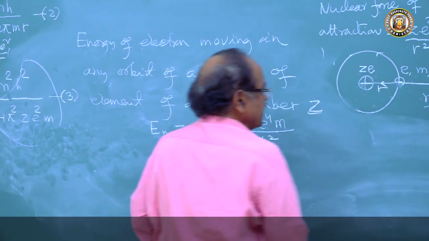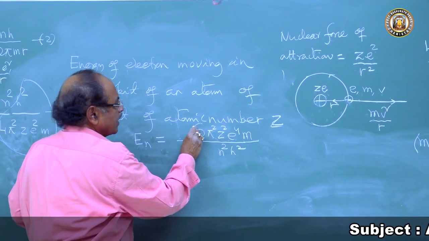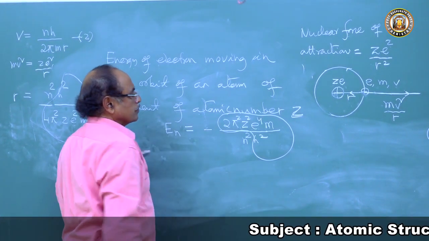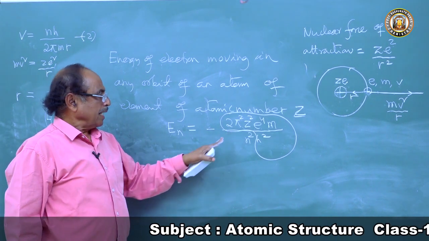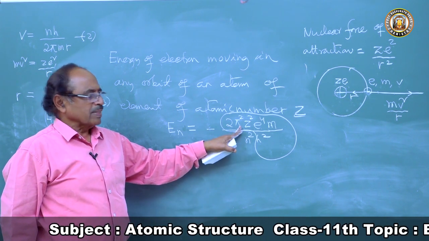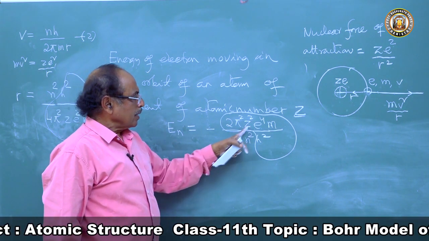Now children, you see here, all these values are constant. So the energy of an electron moving in any orbit will be what? 1 by n square into a constant.